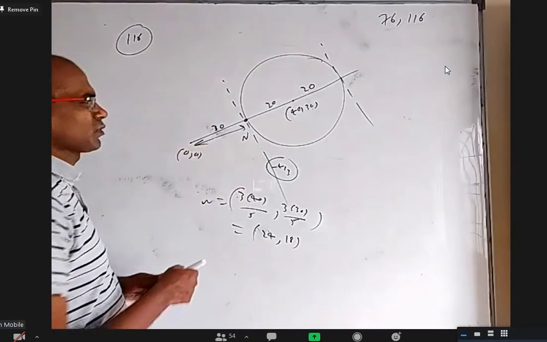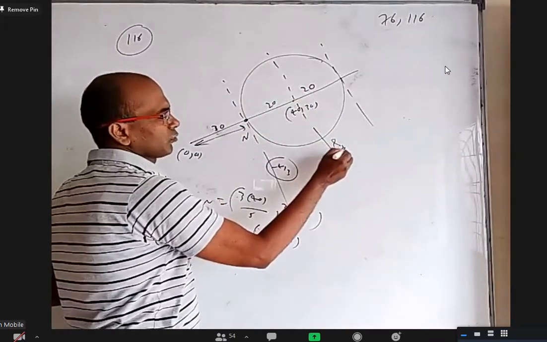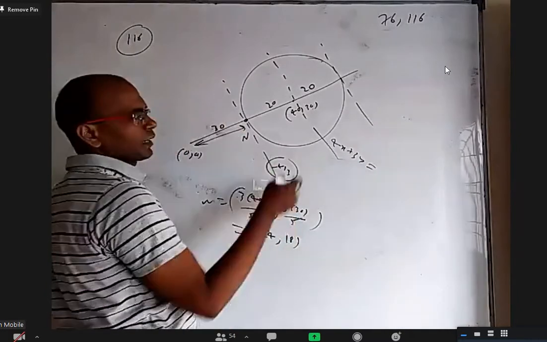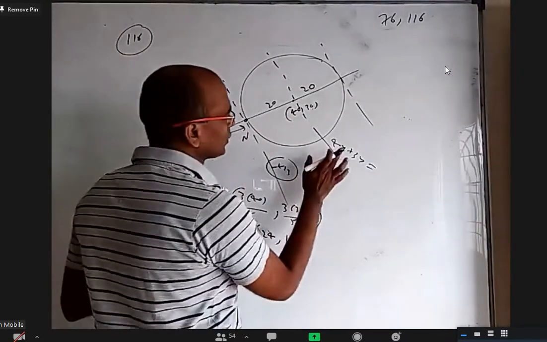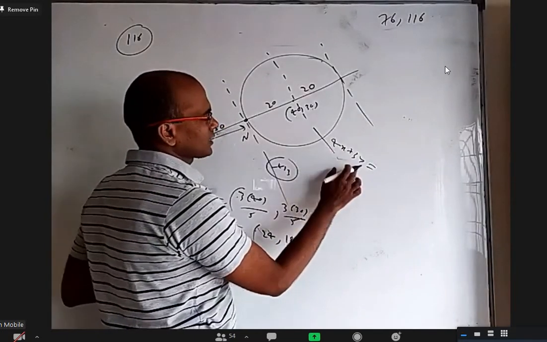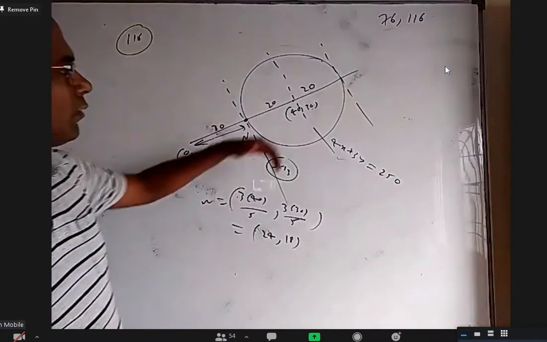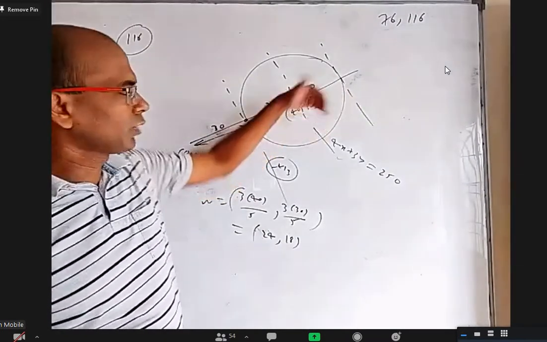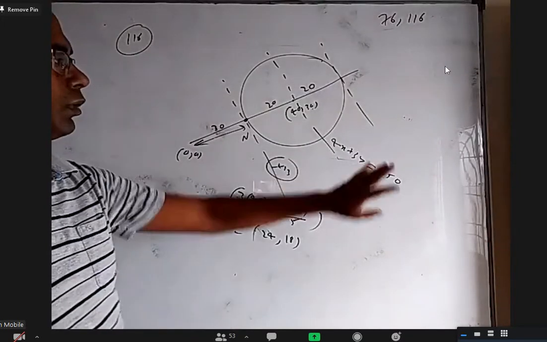Anything is okay. Just one more thing I want to tell. This line equation is actually 4x plus 3y, because slope is minus 4/3. When you put 40 here, 30 here, what happens? 160 plus 90, 250. From here to here, if you want to travel 1 unit, I have to add root a square plus b square, which is 5.